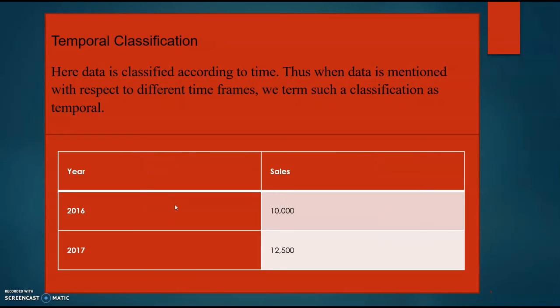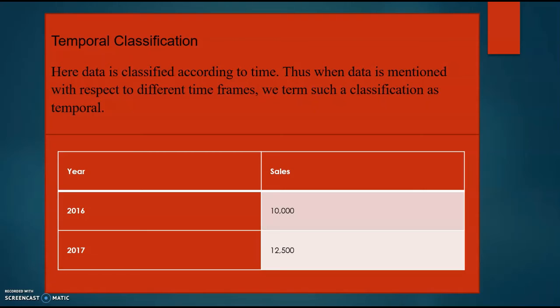Next one is temporal classification. Here data is classified according to time. Thus, when data is mentioned with respect to different time frames, we term such classification as temporal. In this classification, time becomes the classifying variable and data are categorized according to time.